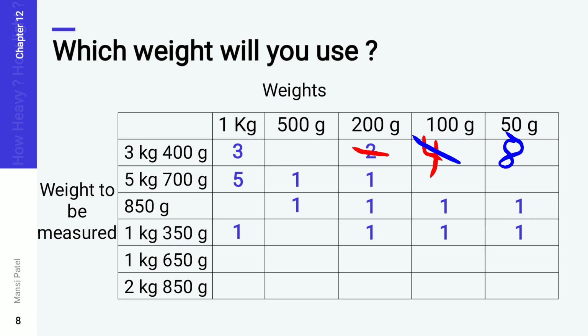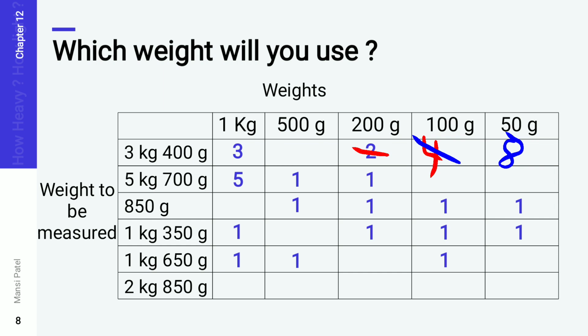Now again in the next, you have to make 1 kilogram and 650 gram. For 1 kilogram, you use 1 unit of 1 kg. Then if you want to make 650 gram, you use 1 unit of 500, then again 1 unit of 100.